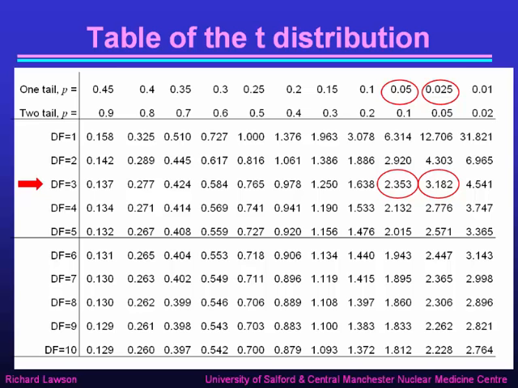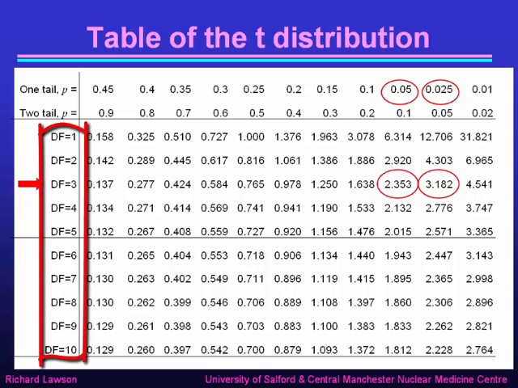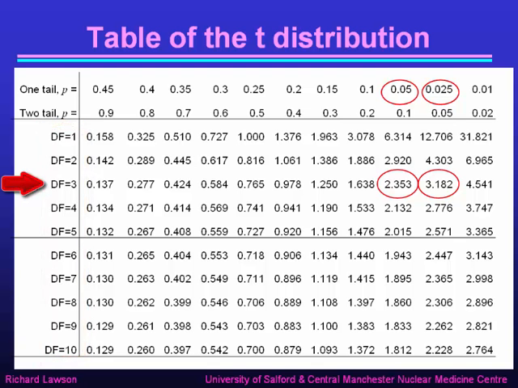The t distribution is a little bit more complicated than the normal distribution because we have to take into account the number of degrees of freedom. In the table here there is one row for every different number of degrees of freedom. We're interested in 3 degrees of freedom, which is this row, and if we look, we've got 2 values for p, a one-tailed and a two-tailed.